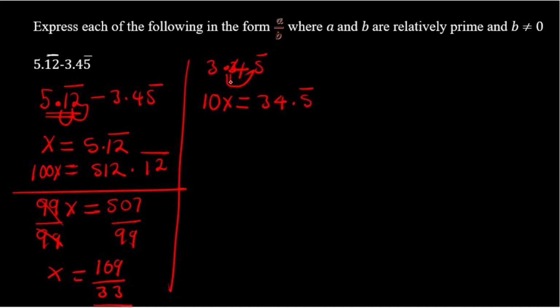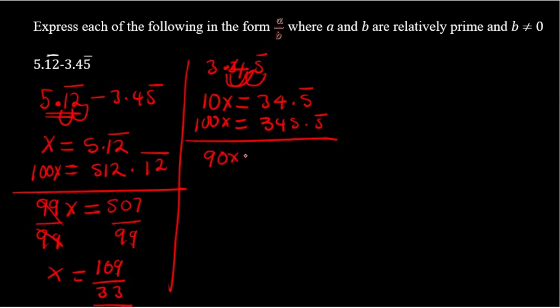Then for the second one, you move 1, 2, so to be 100x equal to 345.5. Then when you subtract there, 100x minus 10x is 90x. Then you subtract 345 minus 34, so your answer is 311. Then you divide by 90.